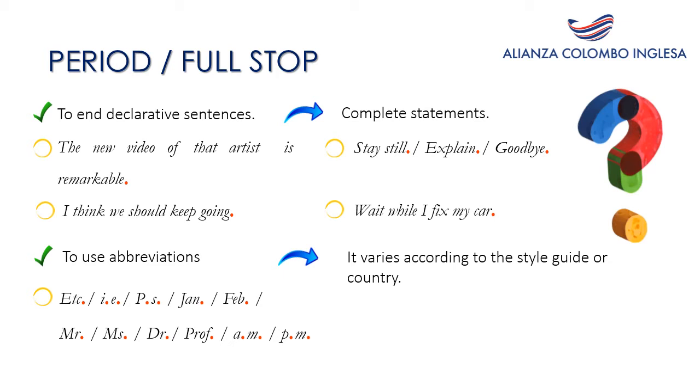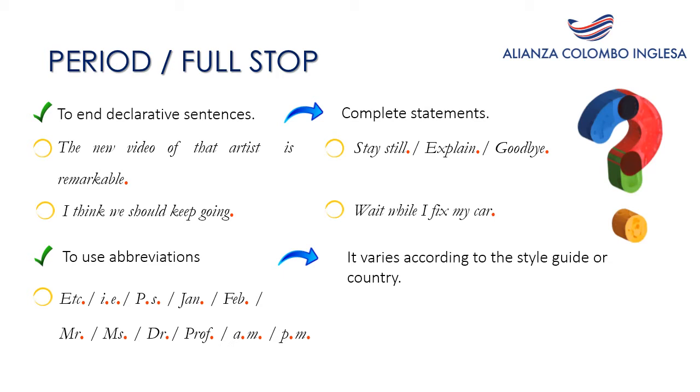And let's stop here for a moment because when we are talking about the time, we can have two different versions of it. We can use it in this way, lowercase and with the periods between the letters, or we can also find it in some countries as AM, PM in capital letters and with no periods.